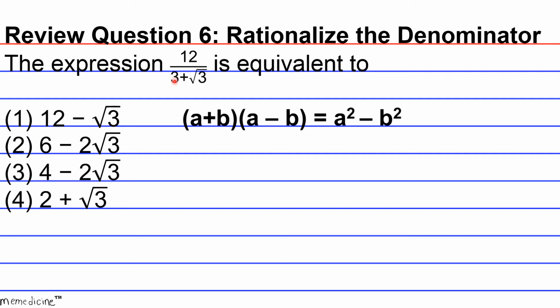And this expression is considered not simplified because there's a radical in the denominator. Because the denominator here has two terms, we can multiply by its conjugate to rationalize it. And when I say rationalize, we want to have an integer in the denominator instead of a radical.